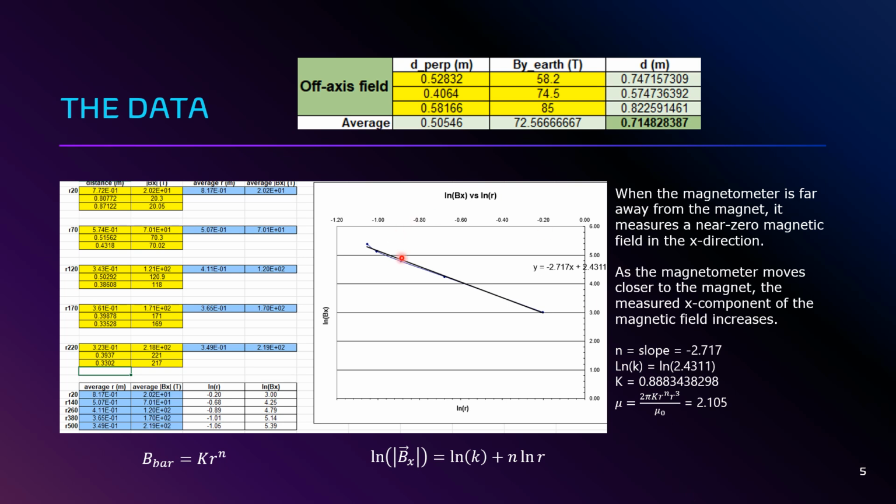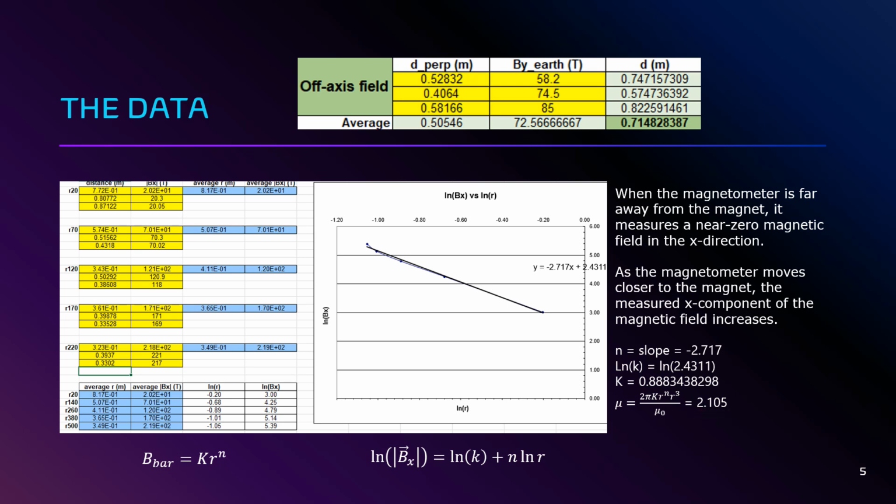And then this takes that in as an equation, essentially, with all of this, and that will pop out a slope, which is equal to this little n value right here, and our height, which will be our k value over here. Once we have all that, we find that our mu value, or our dipole moment, is 2.105.